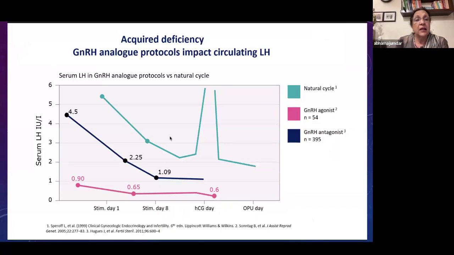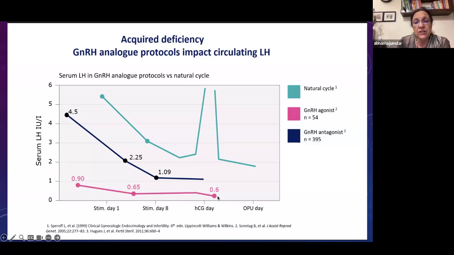Having said that, when we use a natural cycle, this is the serum LH concentration. The moment we go to an antagonist cycle, this is how the suppression goes, and then it continues to be over 1 IU per liter. When we use the agonist long protocol, the suppression is generally much higher, and the levels go below 1 IU per liter.